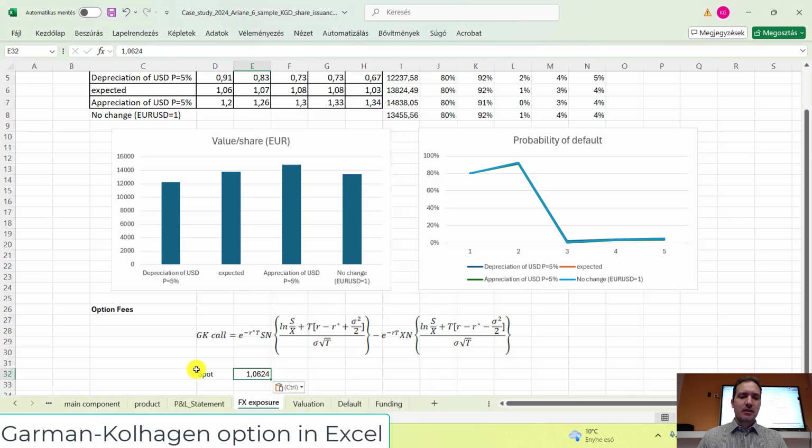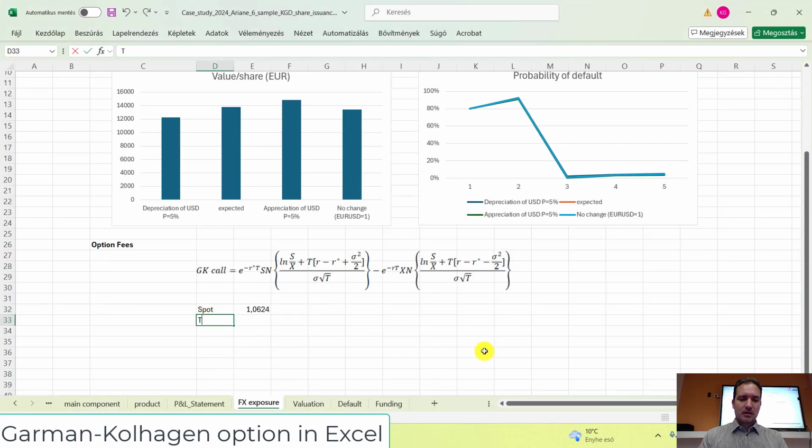So the spot rate is coming from here. Targeted rate, we don't want to deviate from this 1:1 ratio, so it's good for us.